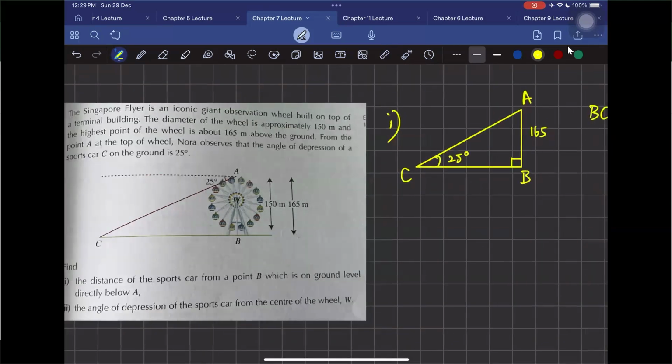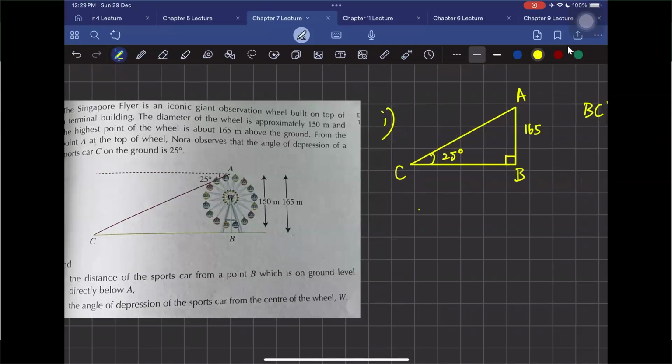Once we have this, you should be able to do your trigonometry. So tangent 25 equals 165 over BC. Therefore, BC equals 165 over tangent 25. Okay, and then you'll get your final answer.